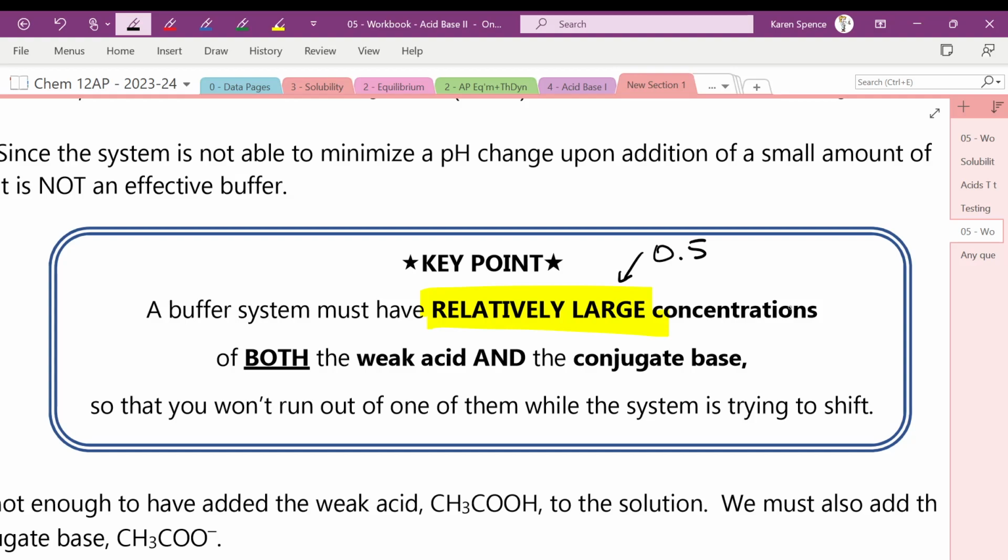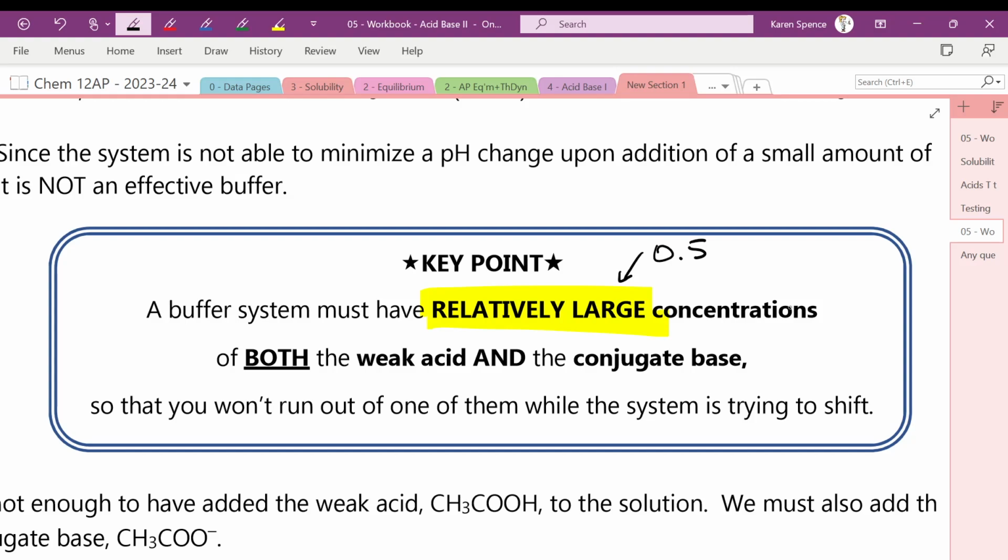Not unless you're given some actual numbers of the amount of base you're adding. If the moles of base exceed the moles of the acid in the buffer, then it would not be effective, right? So if you can overwhelm the buffer, you might have to do some calculations, but I've never seen it on AP. You will not have to do any buffer calculations on the regular test, okay?